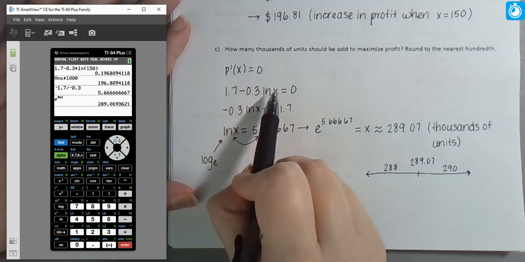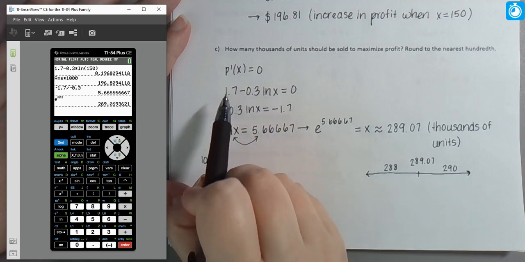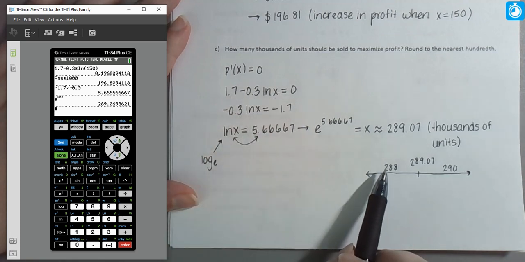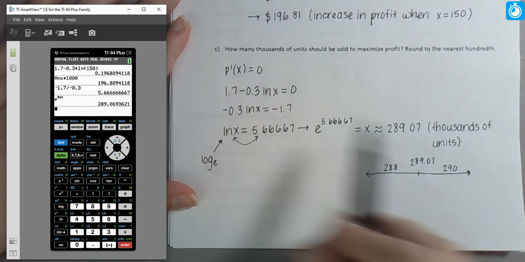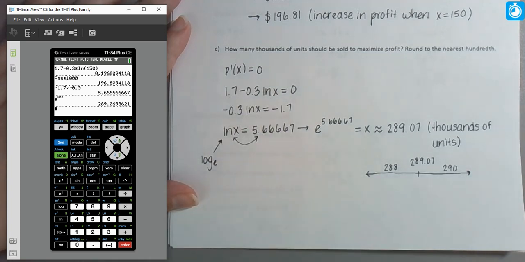I want to check the sign of the derivative evaluated at each of these individual values. So remember, here's our derivative, there's the expression for our derivative. I want to evaluate this for 288, and I want to evaluate it for 290. So let's start with 288. So 1.7 minus 0.3 times the natural log of 288. And there we go.